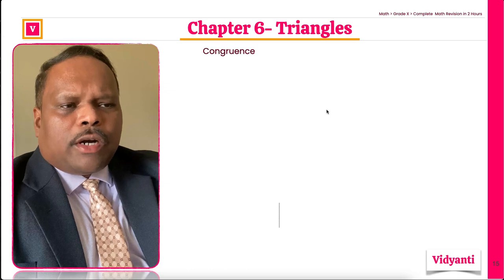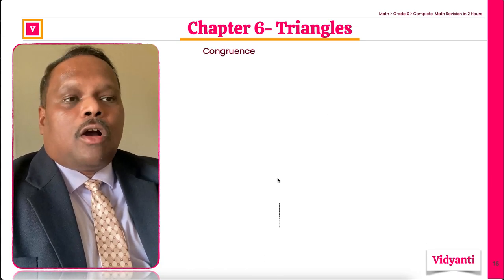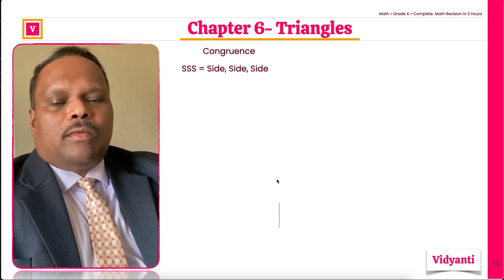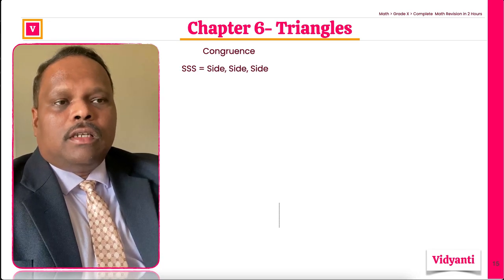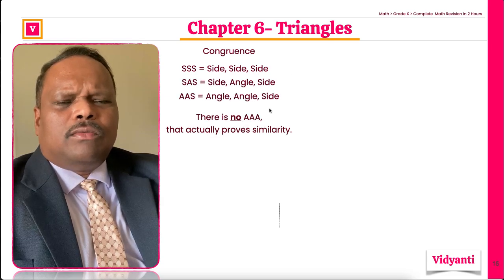Let's talk about triangles. In 9th grade we studied about congruence. Congruence means exactly identical, and there are a couple of tests for congruency. SSS, side side side, SAS, side angle side, AAS, angle angle side. We can use ASA also, absolutely no problem.